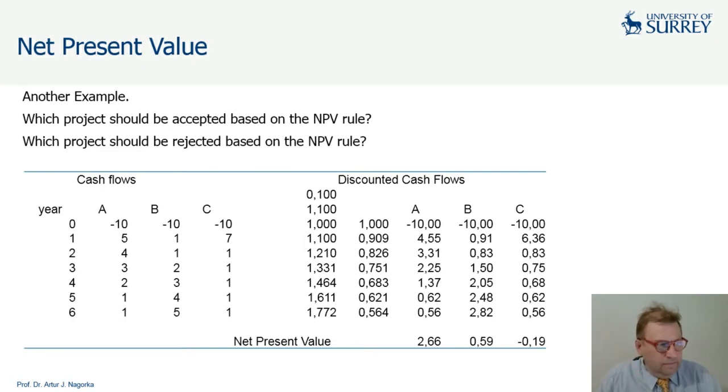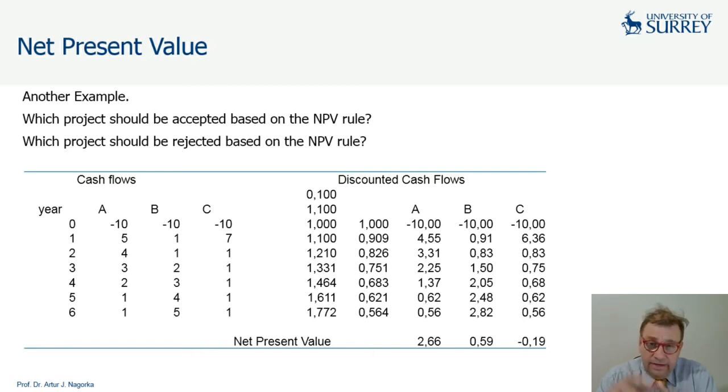And you could see that we have these discounted columns, and we have project A, and when we add up all these discounted figures, then we come to a net present value of 2.66. In case of project B, it's very interesting, because these big figures come late, so you could see this net present value has diminished substantially.